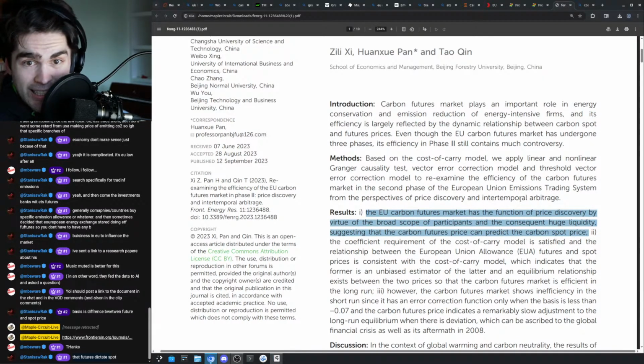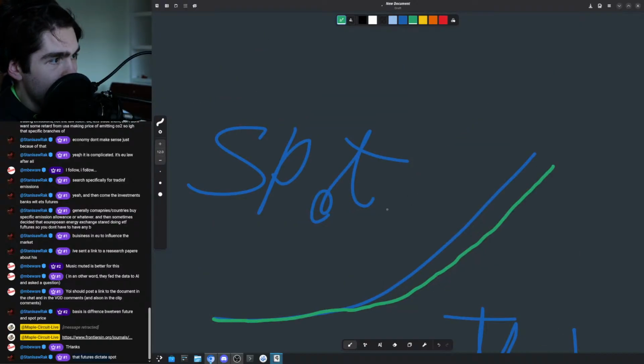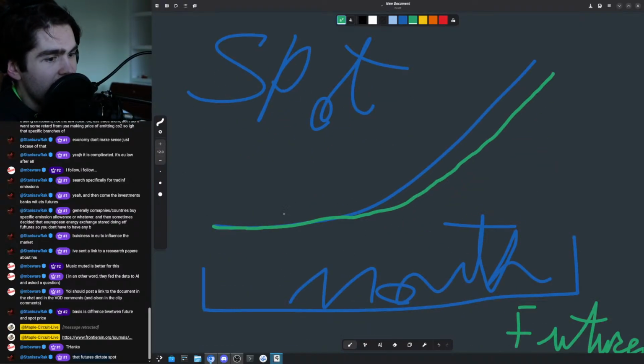But let's be clear about what they're saying here. They're not saying that spot price is following the futures. What they're saying is the future is really good at knowing where spot will be, right? Your correlation here, you kind of flipped it.